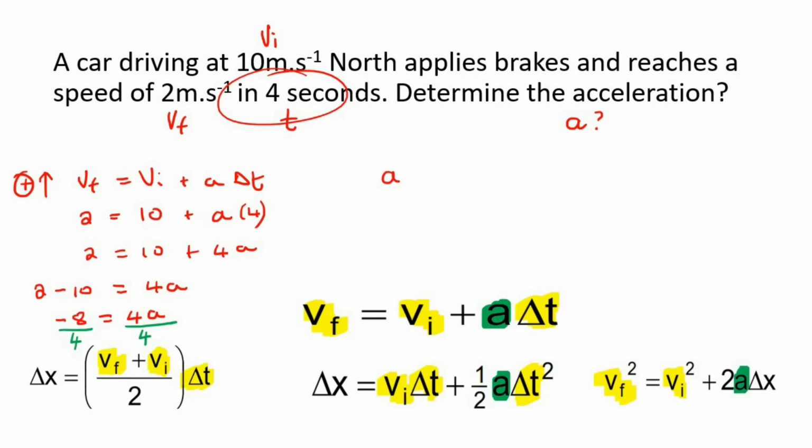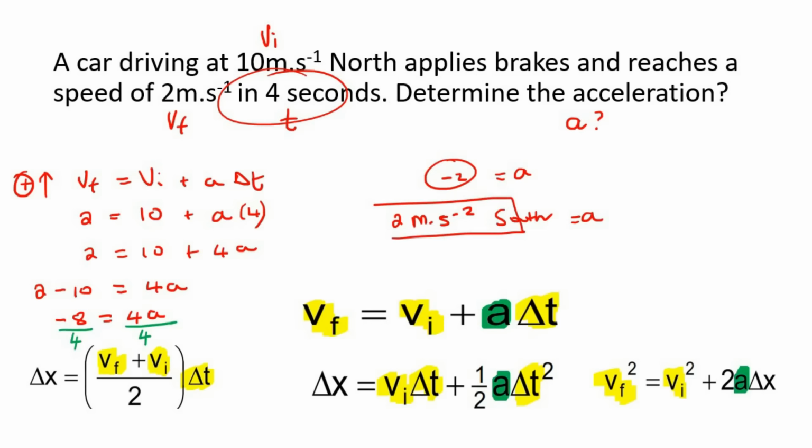And so a would be negative 2. So the way that you write that then is you change it to a positive 2, and then you put the correct units for acceleration. Now we chose north as positive, but we got a negative answer. So we're going to say south. 2 meters per second squared, south.